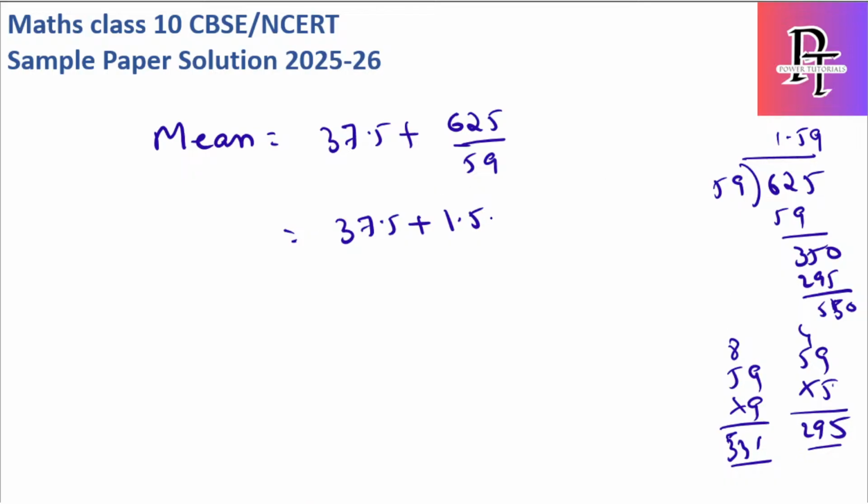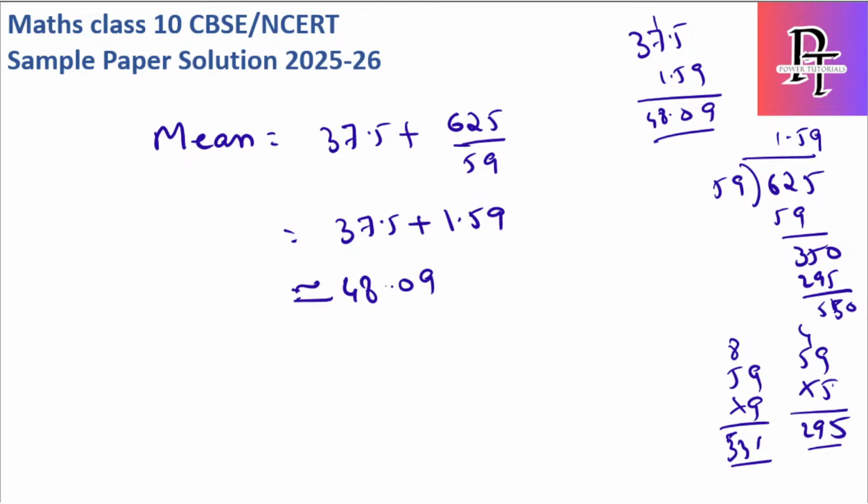Okay, 1.59, let's add it. So 37.5 plus 1.59, we are getting 48.09. So this value is closer to 48.09.